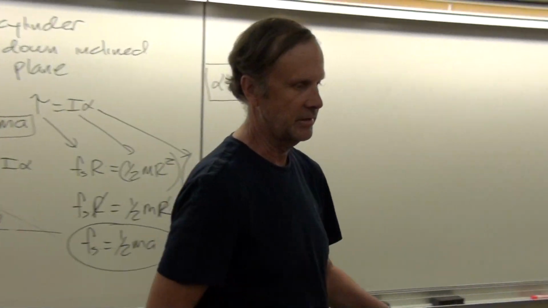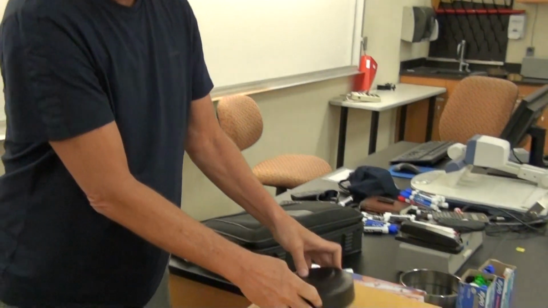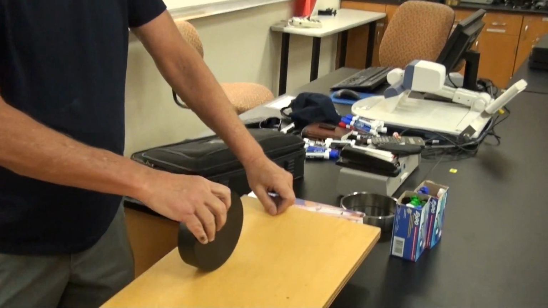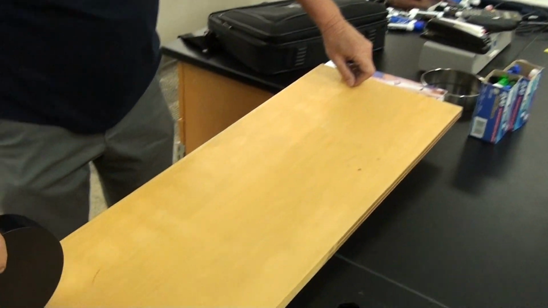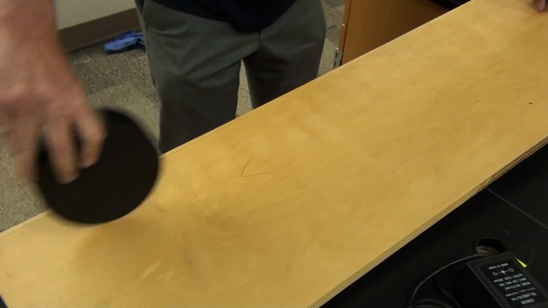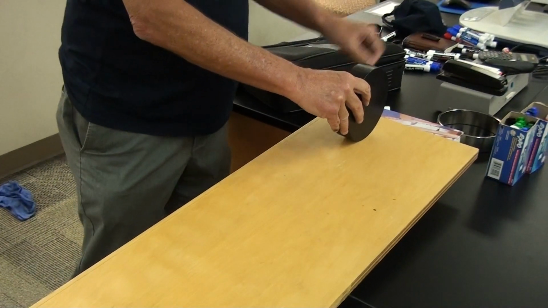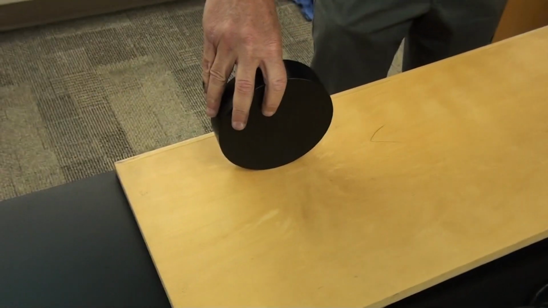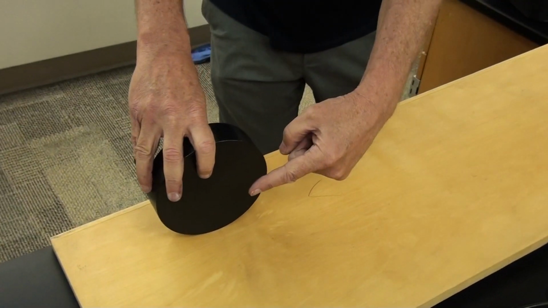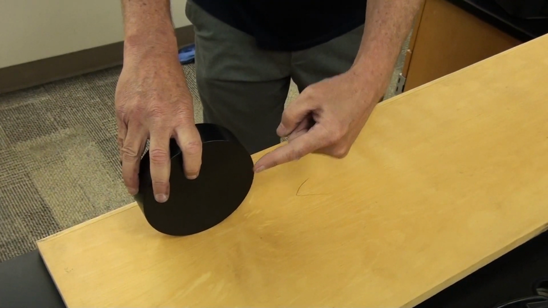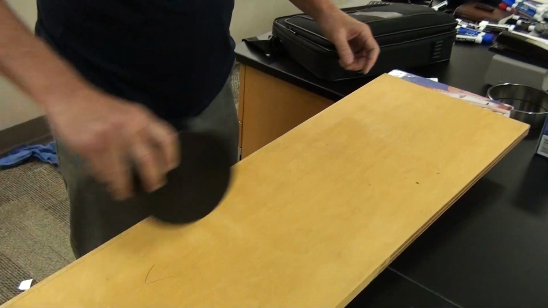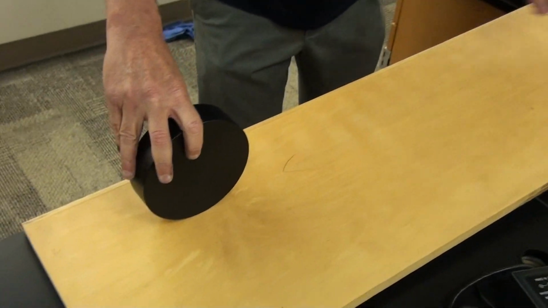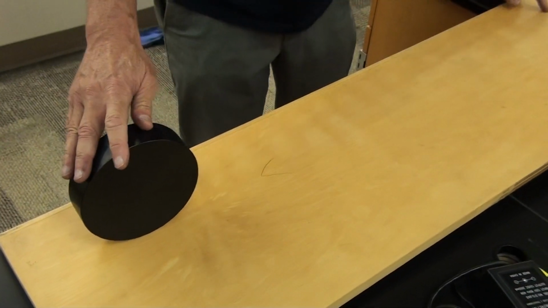Well, let's go back to our cylinder. Let's imagine that the cylinder has a bunch of string wrapped around it, and that I unroll that piece of string from the cylinder as the cylinder rolls. Then in a certain amount of time, as this cylinder unrolls the string, the length of the string is going to be equal to the distance moved by the center of mass. And so therefore, the displacement of the center of mass and the displacement at the surface of the cylinder must be equal.